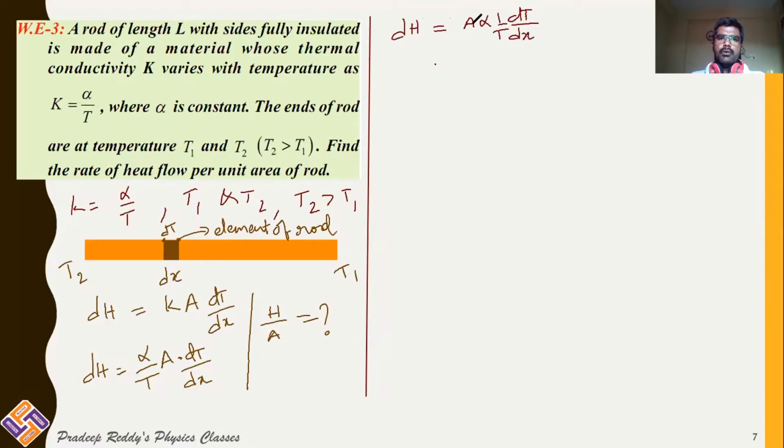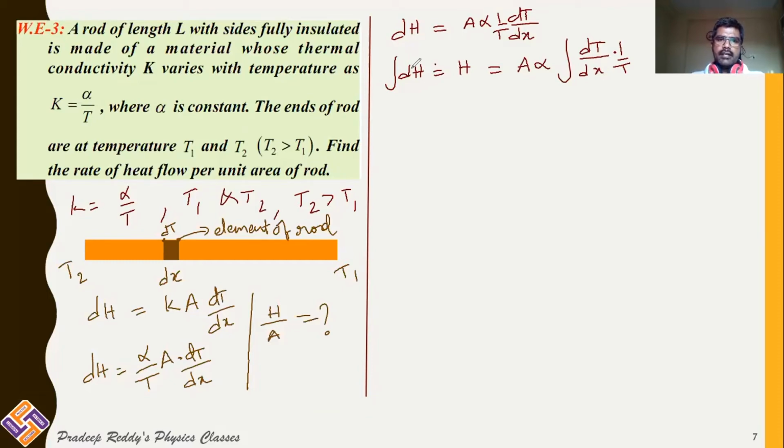Now, integration dH is equal to H. That is, in order to find the total heat transferred, I'll just integrate this. So integration dH is H, A is constant, alpha is constant, and the remainder is integration dT divided by dx into 1 by capital T. Now dx is variable with respect to position.